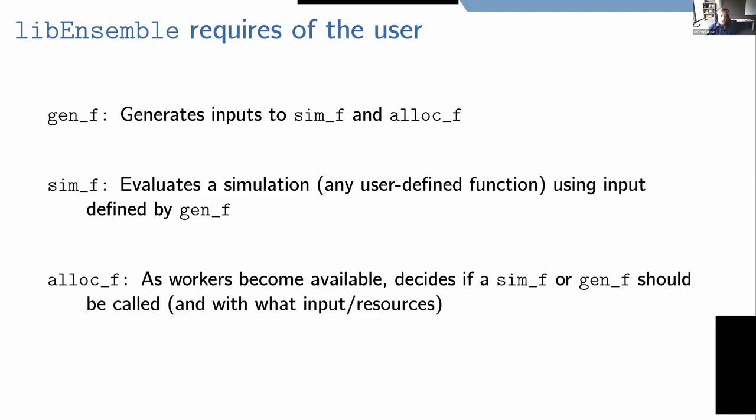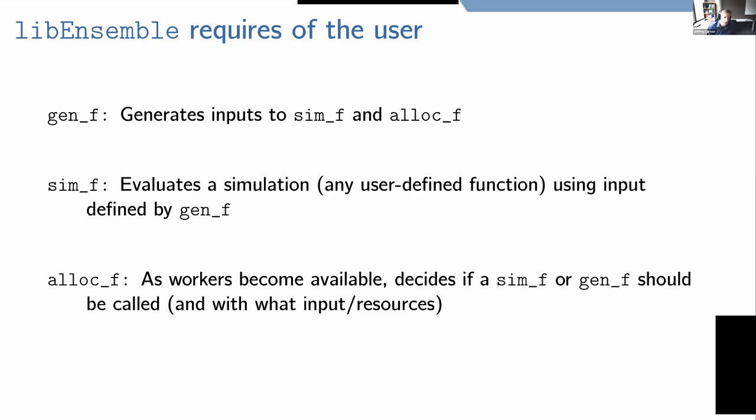And then the allocation function decides, as workers become available, whether sim work or gen work should be done. In some cases, the sim could be a very cheap thing, and the gen could be producing some massive mesh that you want to keep updating, and that's the numerically expensive part. Or the gen might just be producing some random points in a parameter space, and then the sim is the computationally expensive part.